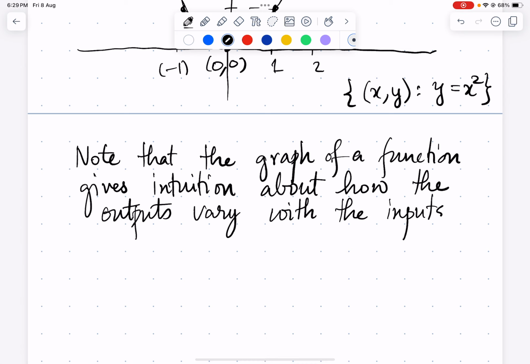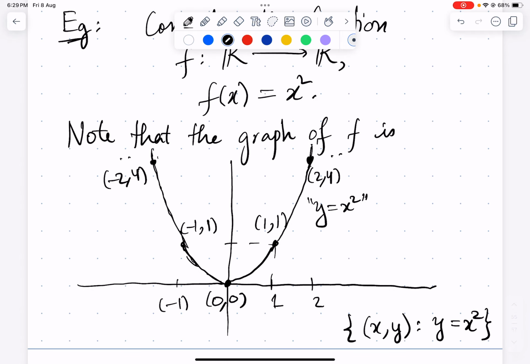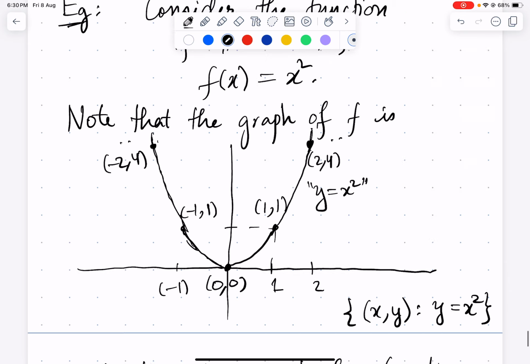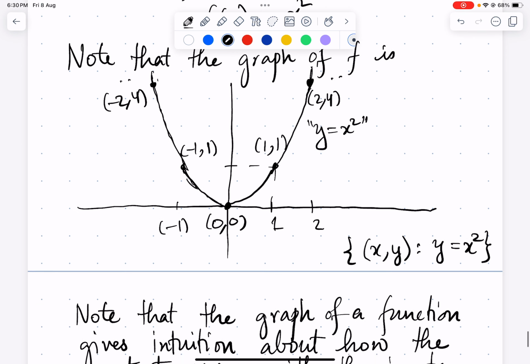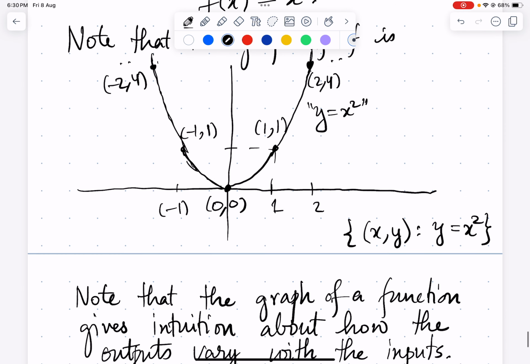So for example, by looking at this function f of x equals x square, we can actually immediately see, without even the use of a graph, that as the inputs get larger, the outputs get quite much larger than the input, and f of 13 and f of -13 are same and so on. So we can make some basic observations without the help of a graph, but the graph makes it visually easier to see how the outputs vary with the inputs.